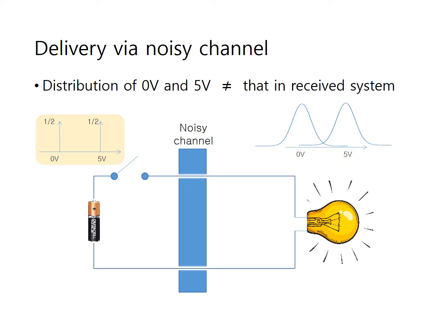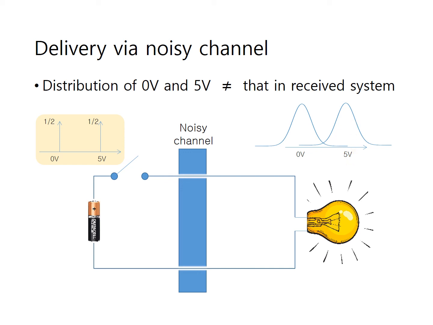If there is noise, the situation is different. The received signal will not be 0 or 5 volt anymore. It is different because random values are added or subtracted in the middle. On the transmitting side, the probabilities of 0 and 5 volt are 0.5 respectively, but at the receiving side, the probability spreads around 0 volt and 5 volt.